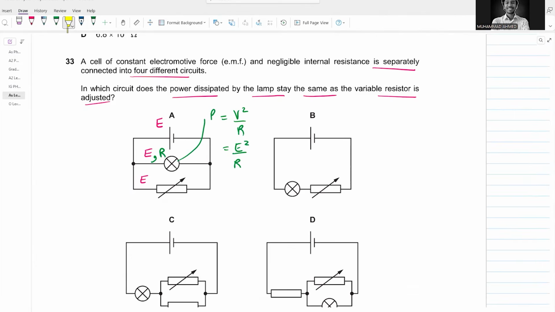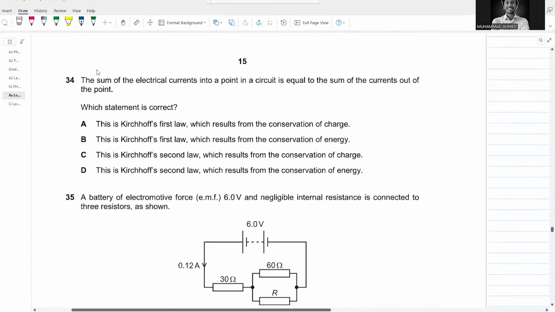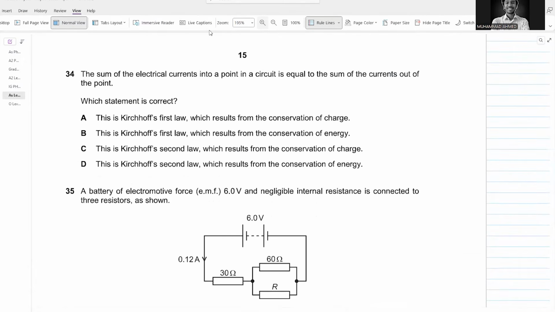Even if you change the resistance of the variable resistor, EMF across the lamp is the same. The voltage and the resistance across the lamp remain constant. A is your answer. A में आपकी power of the lamp will remain the same even though your variable resistor की resistance changes. Let's zoom in a bit.